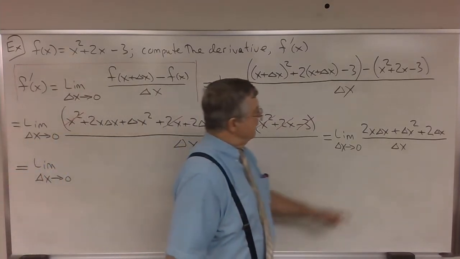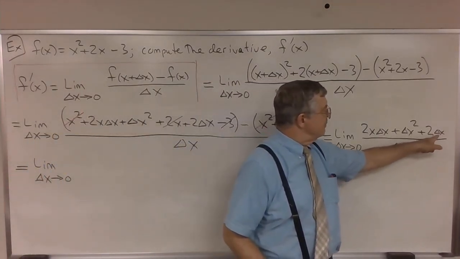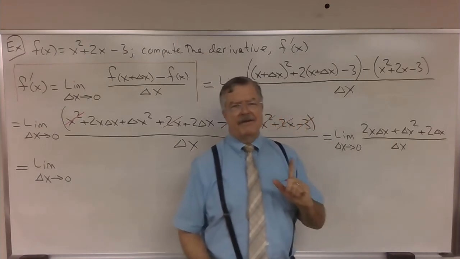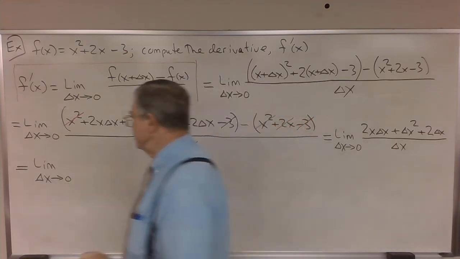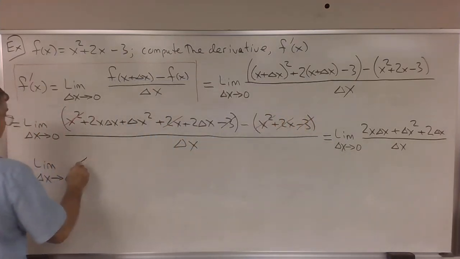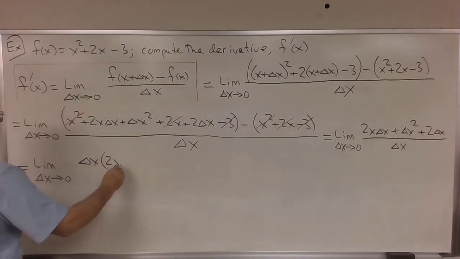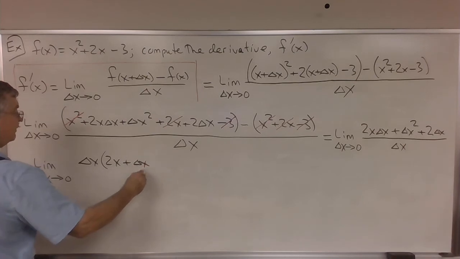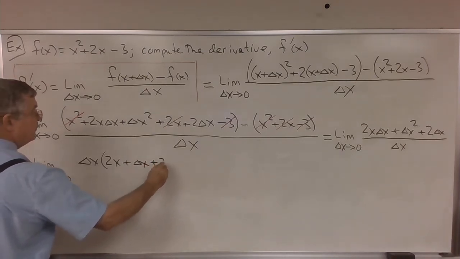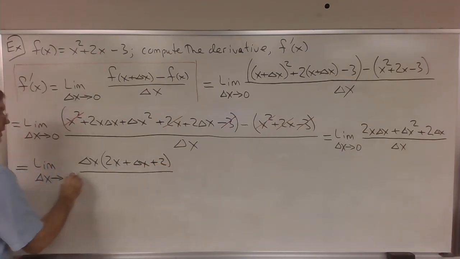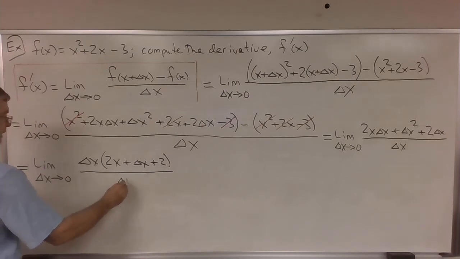I have a factor of delta x in each term of the numerator, so I'm going to factor delta x out of every term. Here's delta x, and I have 2x plus delta x plus 2, all over delta x.